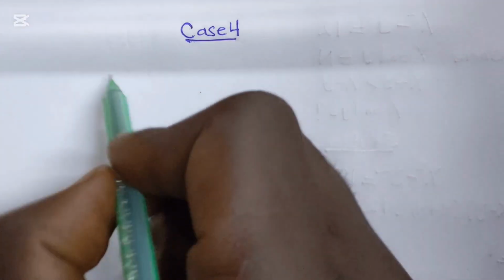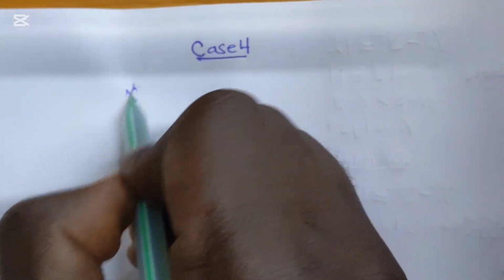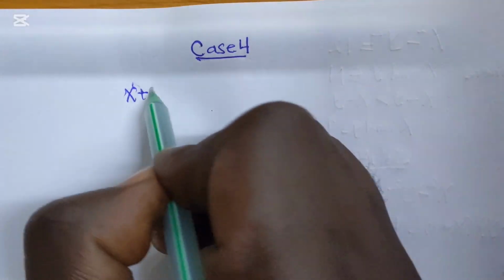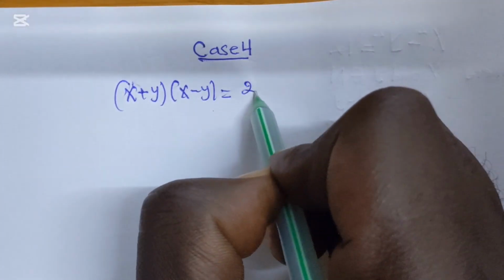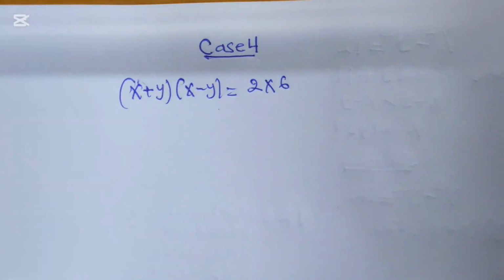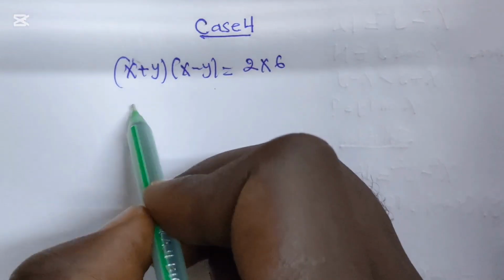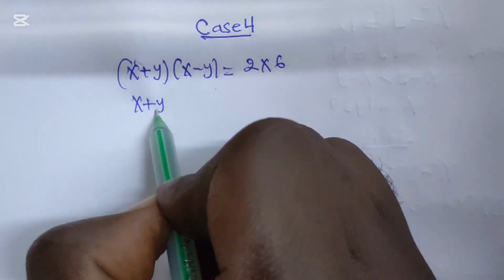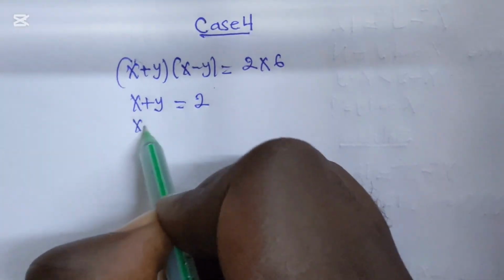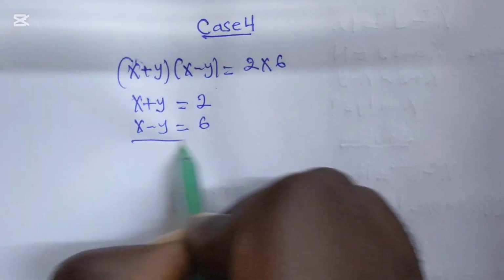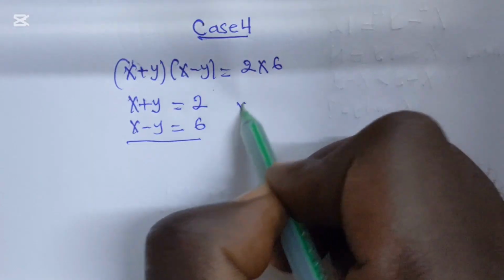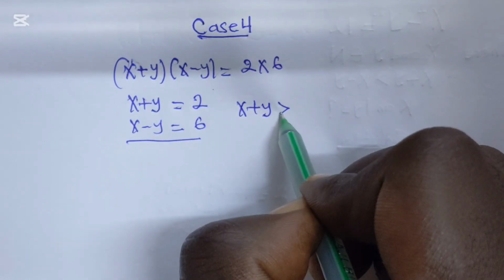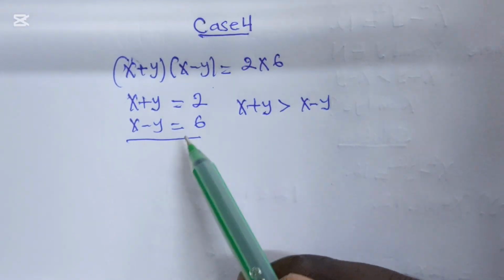For case 4, x plus y times x minus y equals 2 times 6. Then x plus y equals 2 and x minus y equals 6. Of course, this one will be rejected, because we are supposed to have x plus y greater than x minus y, whereas here x minus y is greater.